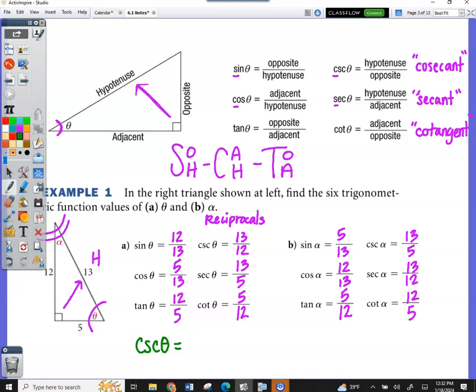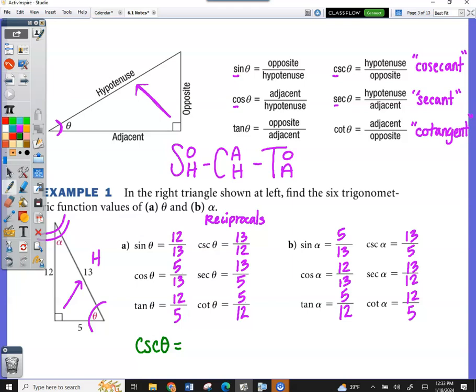We need to start practicing recognizing when you need to write the formula as opposed to just jumping in with the numbers. So here's what I mean by that. If I said find cosecant theta, you would have this list of 6 trig functions, and you would know that it is the opposite of sine, right?